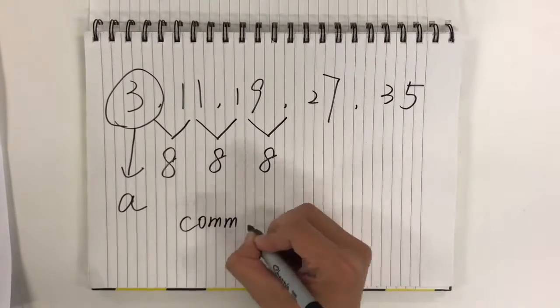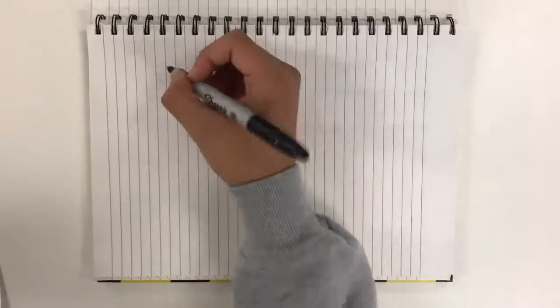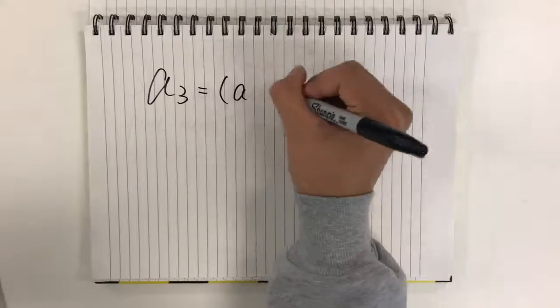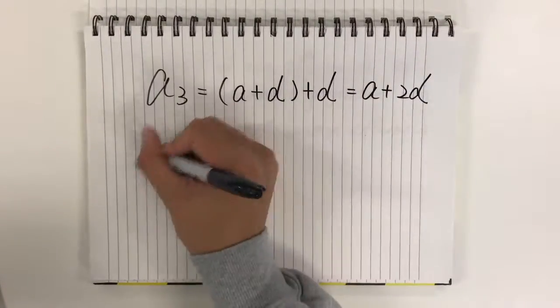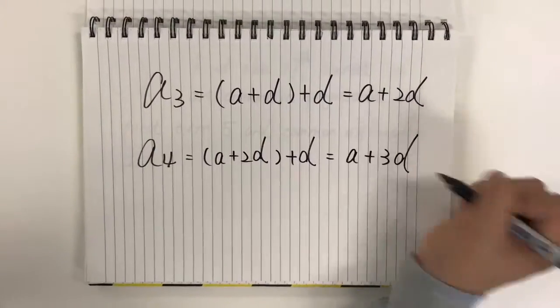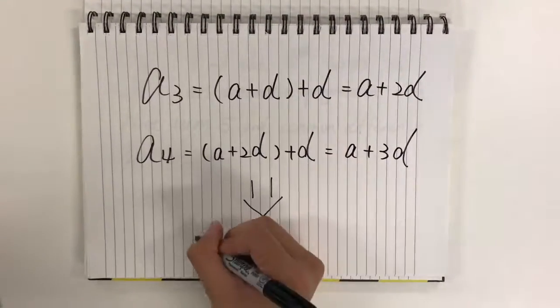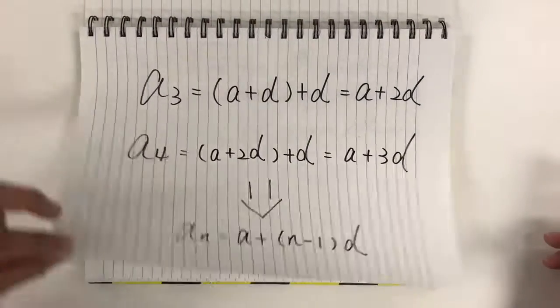So we call it the common difference. Then we can know that the third term is the first term A adding 2D, which is A plus 2D. The fourth term is the third term adding one more D, which is A plus 3D. Then we can get a conclusion: the nth term equals A plus n minus 1 times D.